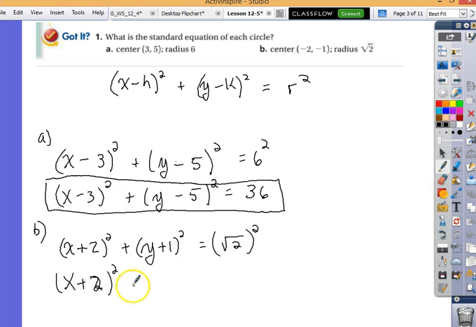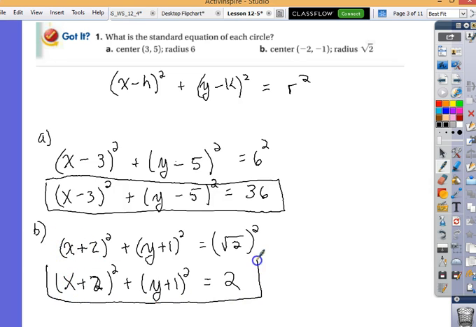It cancels out. And so what would I be left with in this case? Just 2. So that's your final answer for part B. Is everybody okay with that? Any questions about how you take information about having a center and a radius and turn it into a standard form equation? All right, on we go.